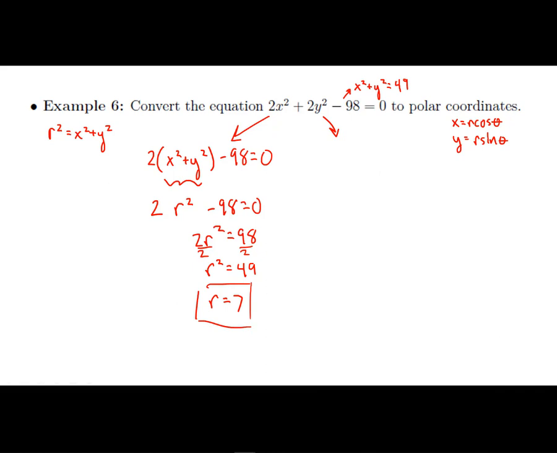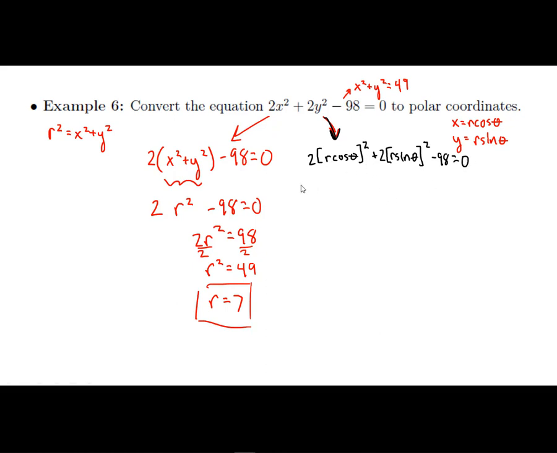So the other way of doing this, let me use a different color to make it a little easier to look at, is to say, I'm going to take 2 times r cosine theta squared plus 2 times r sine theta squared minus 98 equals 0.